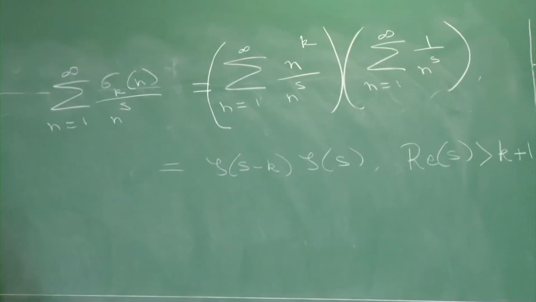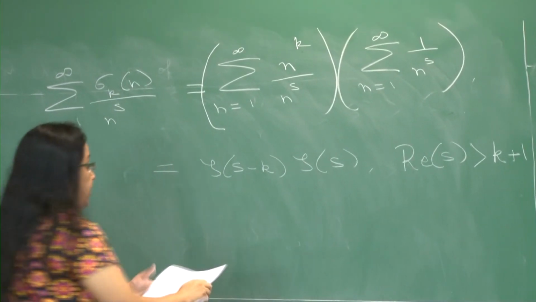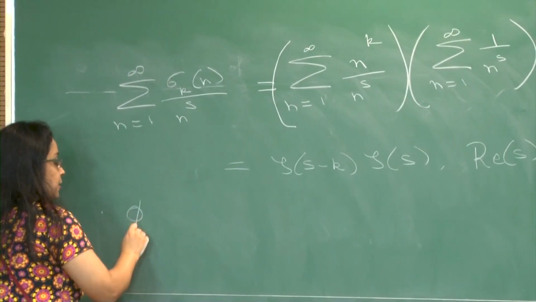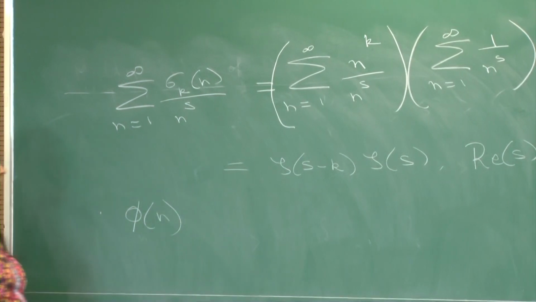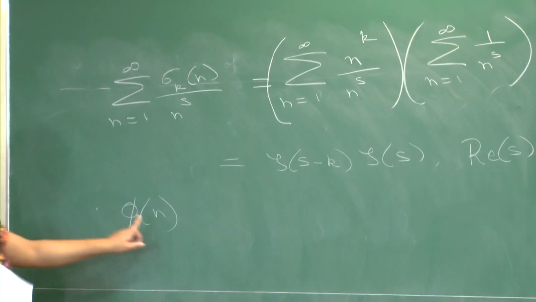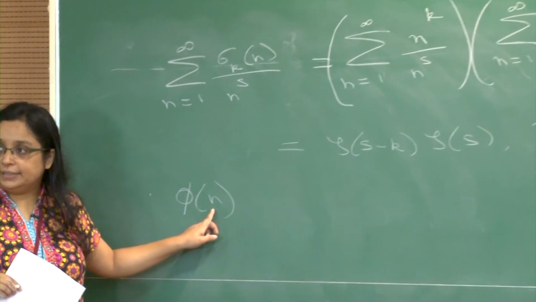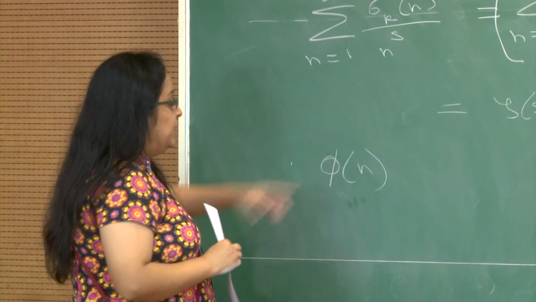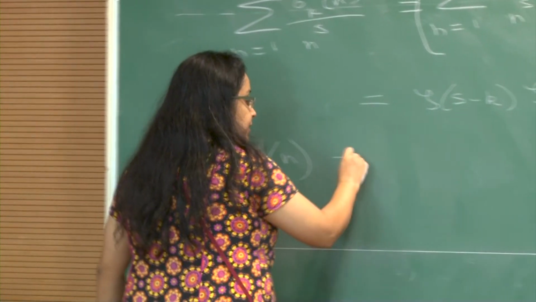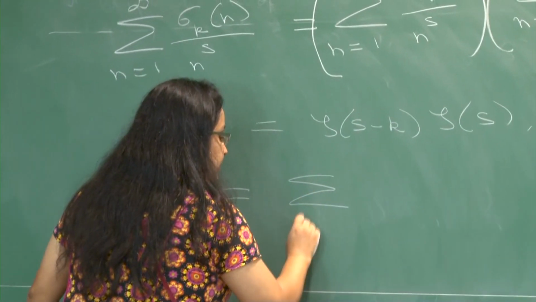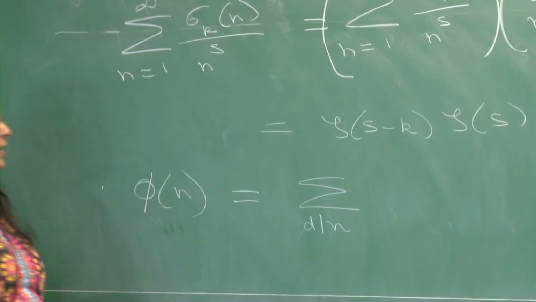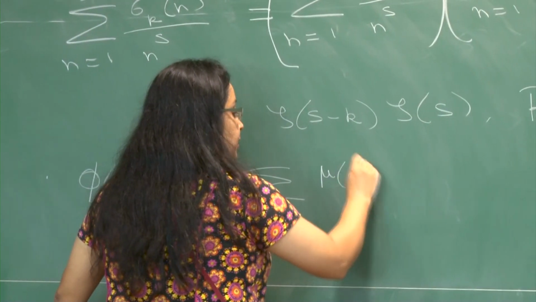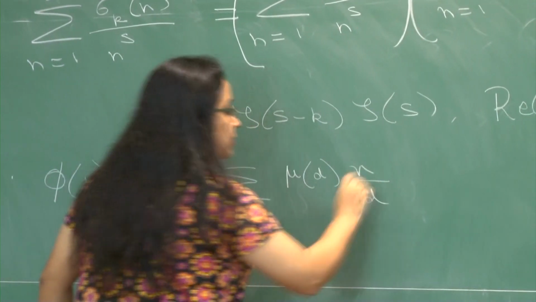One final identity before we close the class today is another function, namely the Euler Phi function, which counts the number of co-prime residue classes up to n, right. Now, in one of our previous meetings, we had learnt that phi of n can be written as summation d dividing n of mu of d times n over d.